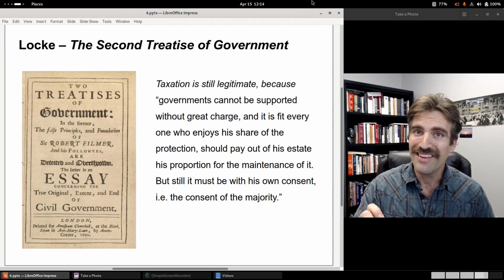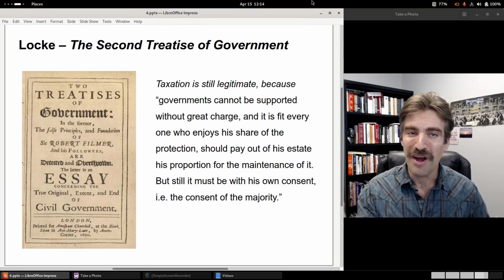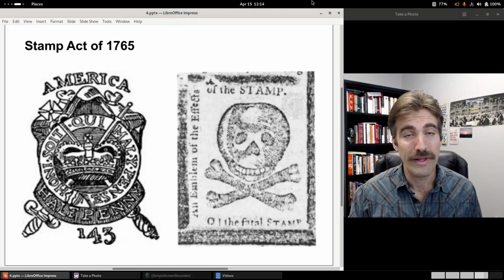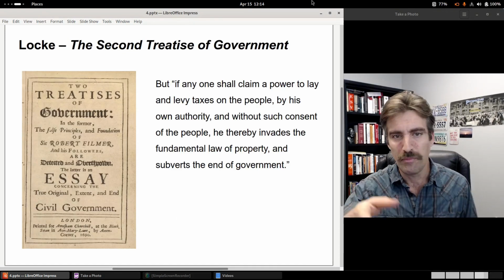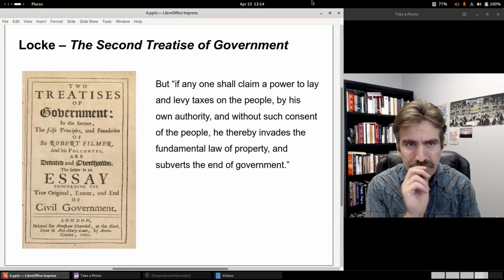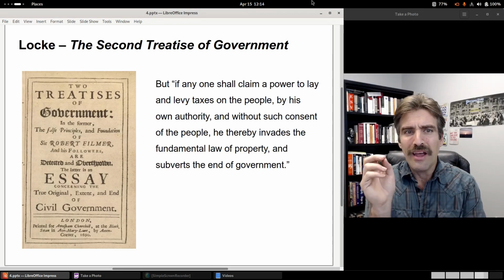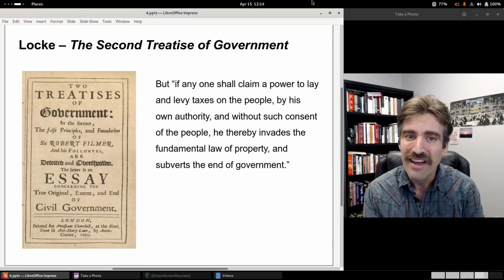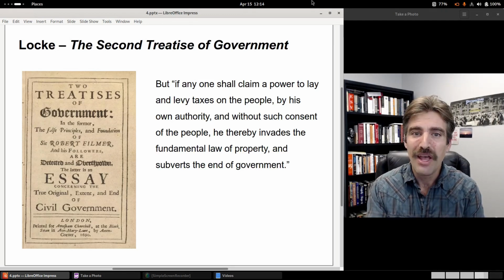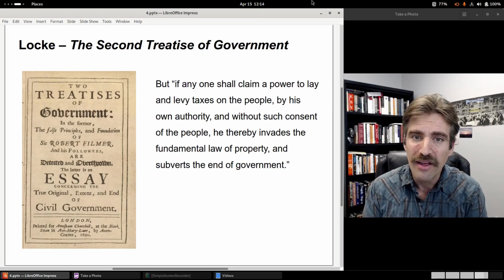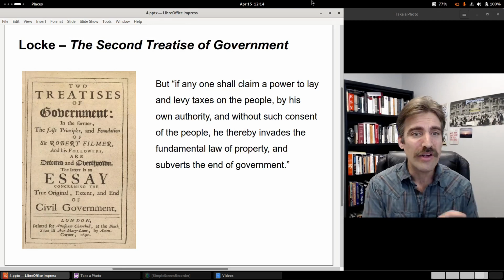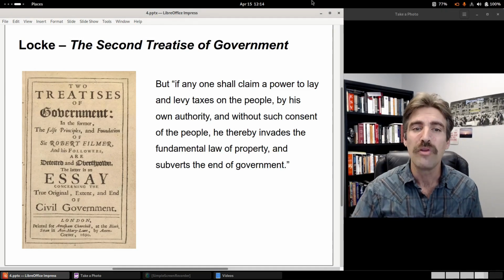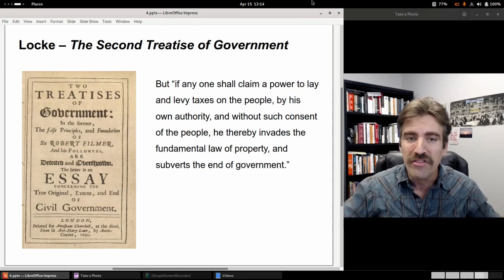This was the main problem, the chief problem that the colonists had with the Stamp Act. I have one more quote before I get to that. Locke says, quote, "If anyone shall claim a power to lay and levy taxes on the people by his own authority, and without such consent of the people, he thereby invades the fundamental law of property and subverts the end of government."